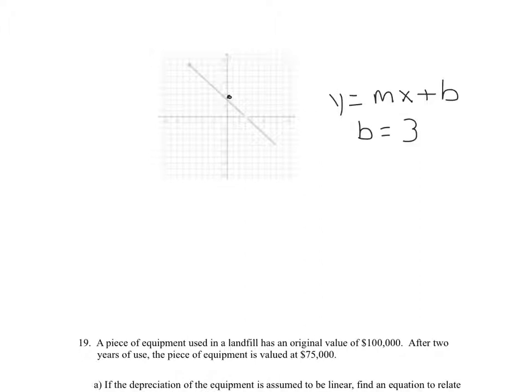Now, to find the slope, I can choose any 2 points on this line, although I want to choose points where it is actually crossing at a specific corner of the grids. I need to make sure that I'm not choosing something that has a fractional value that I don't really know. And then I can calculate what the slope is.